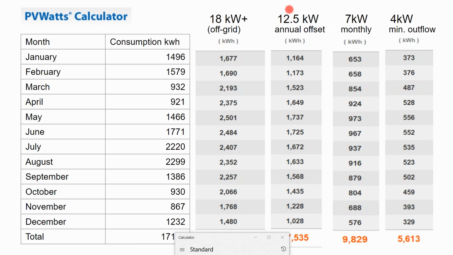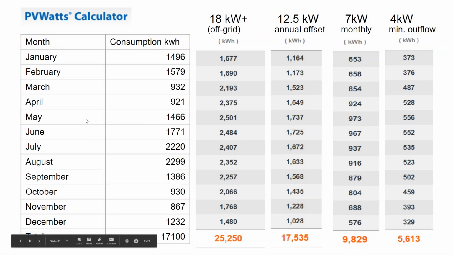Or if I had an annual net metering plan, I would sum up the total of all this energy and say, how large of an array do I need to produce 17,000 kilowatt hours of electricity a year? And for my annual offset, the array would be 12.5 kilowatts.